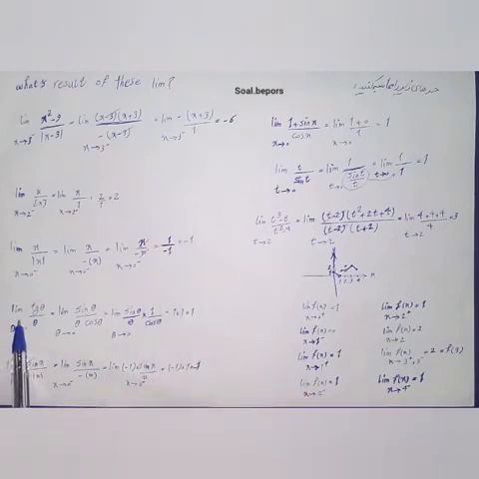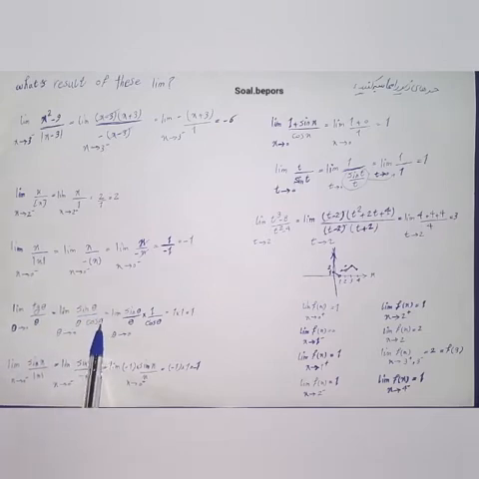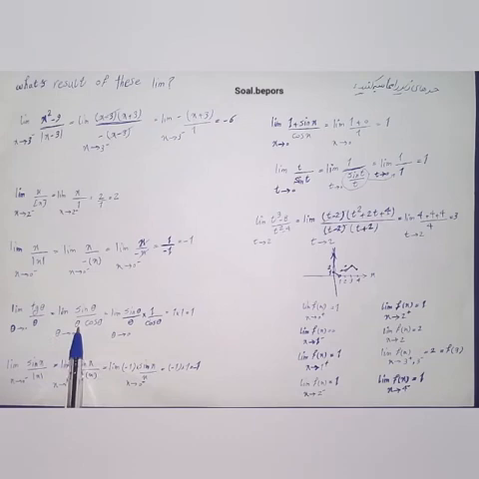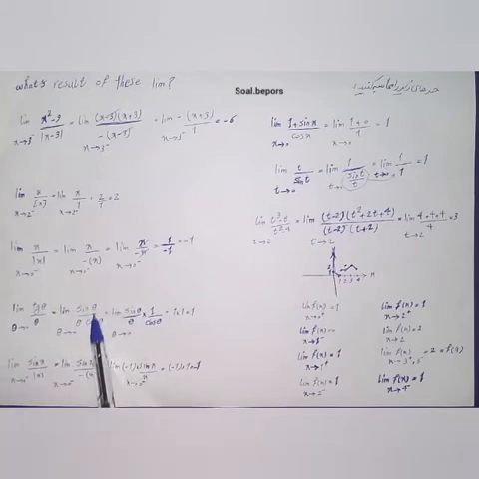Another example is the limit of tangent theta divided by theta when theta goes to 0. We know that tangent theta is sine theta divided by cosine theta, so we can separate these two parts.